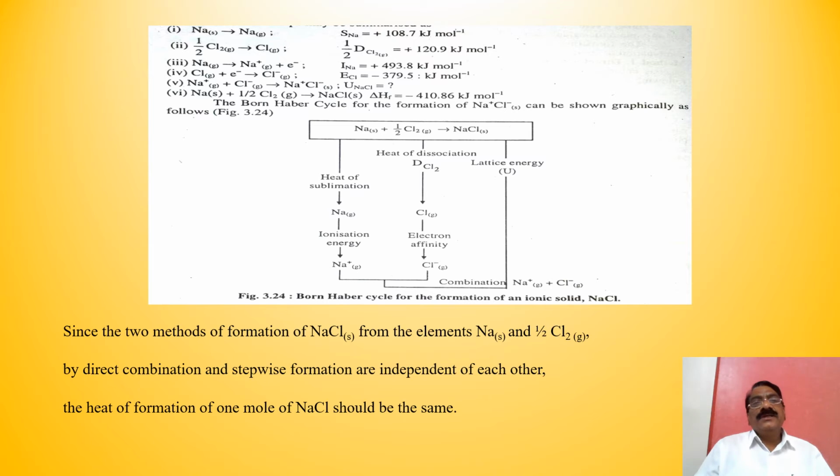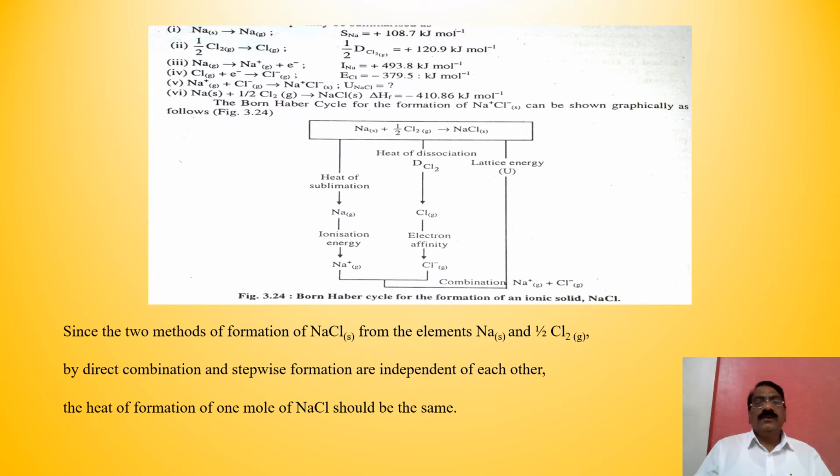It is dissociation, so 1/2 DCl2, its energy is plus 120.9 kilojoule per mole. In step third, gaseous sodium gets converted to sodium ion gaseous. Here it is the ionization, and so INa.